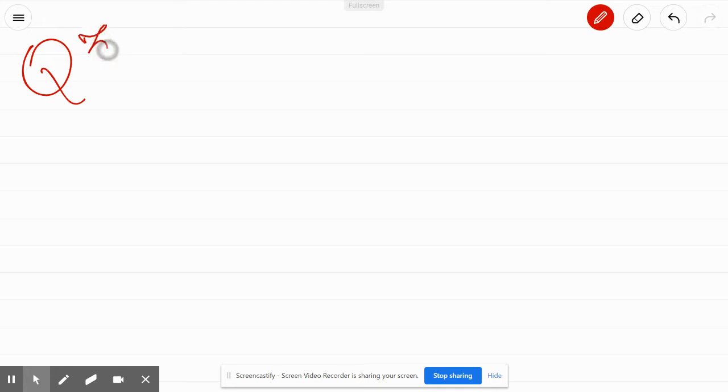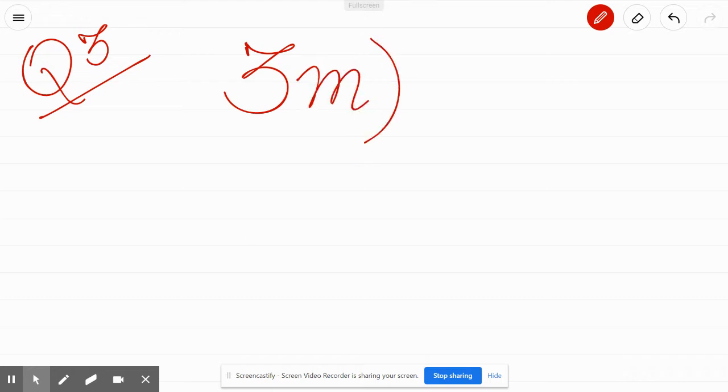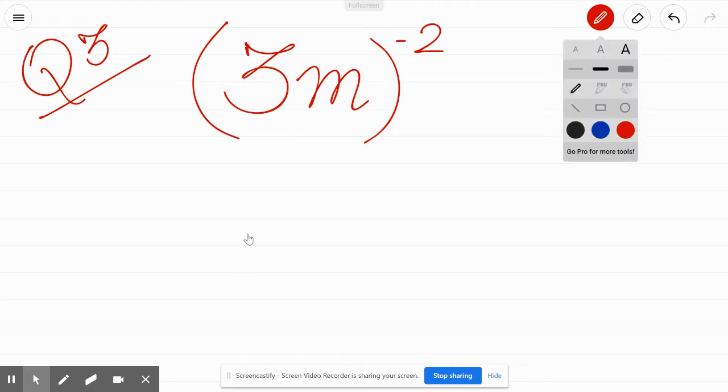Question number 3. Now for question number 3, our question says 3m to the power of negative 2. Now basically what happens is you can either take its reciprocal right now or do that later, whatever you want to do.